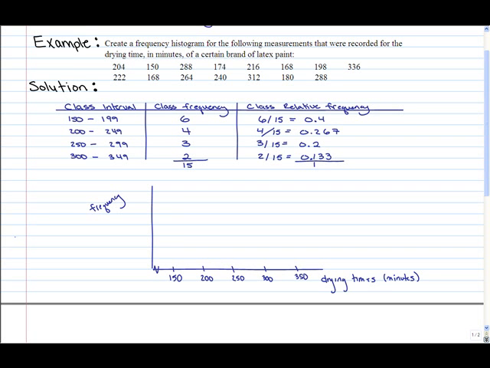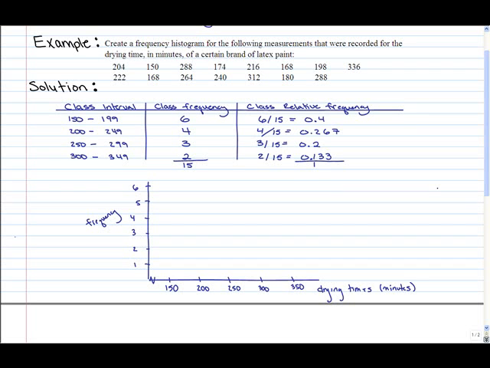Okay, so on the y-axis again, what we're going to be plotting is our actual frequency. So it's good to note what the highest frequency is in that column. Your highest frequency here is 6. So you know that your y-axis should go up to a high of 6. And so keep that in mind when plotting.